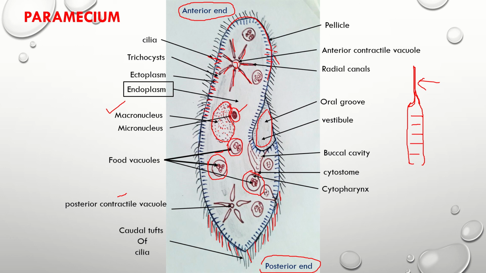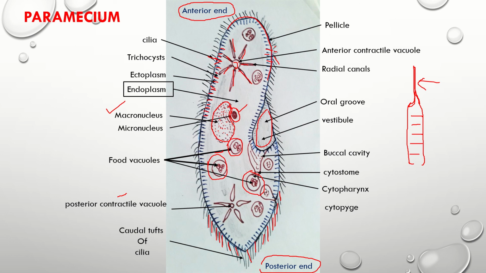Each contractile vacuole opens to the outside through a permanent pore formed in the pellicle. Then there is another structure called the cytophage.